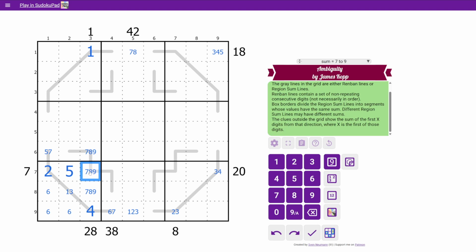If this is 7, and this can only be 7, 8, 9, then we know it must be... Okay, hold on. If this is 3, and this is 8, 9, this has to be 7. And that then will force this into being a consecutive line.